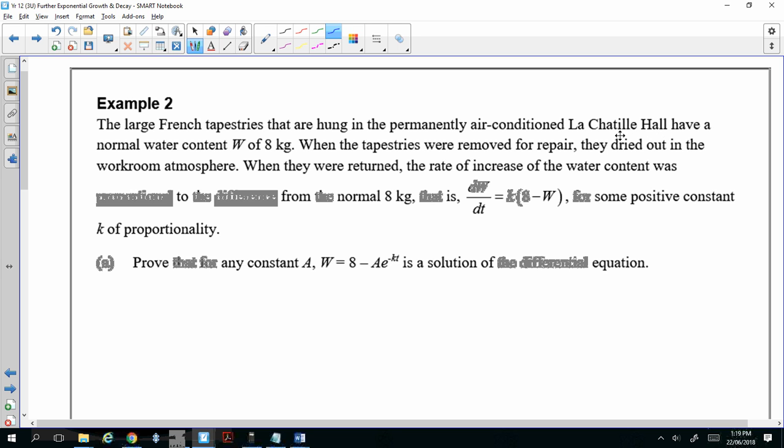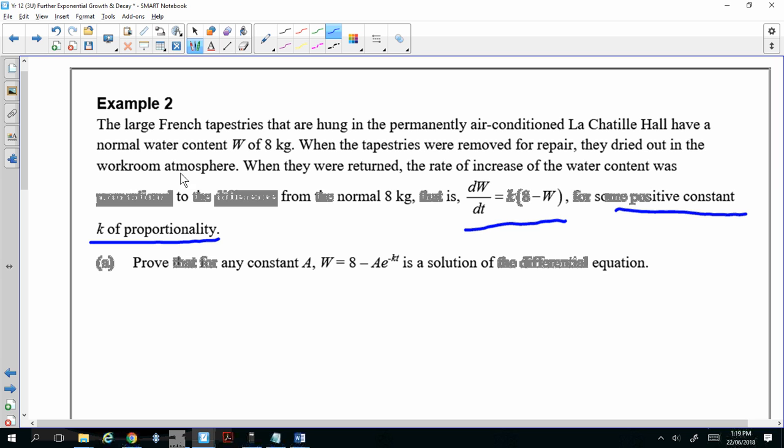When the tapestries were removed for repair, they dried out in the workroom atmosphere. When they were returned, the rate of increase of water content was proportional to the difference from the normal 8 kg. That is this. They give you the equation for some constant k of proportionality. To prove that for any constant, this is a solution to this equation.